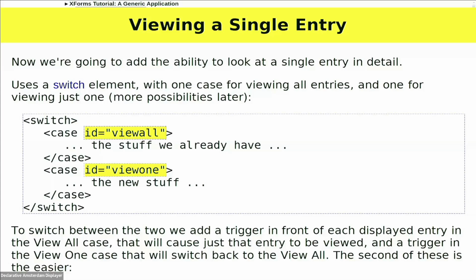To switch between the two, we use a trigger that uses the toggle action. In the view one case, to get back to the view all, it's just a simple case of toggling the view all case. Going from view all to view one, we have to do a bit more work.